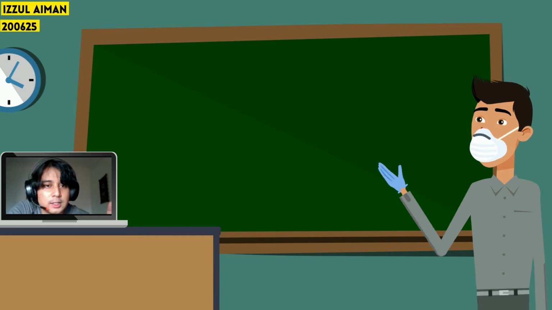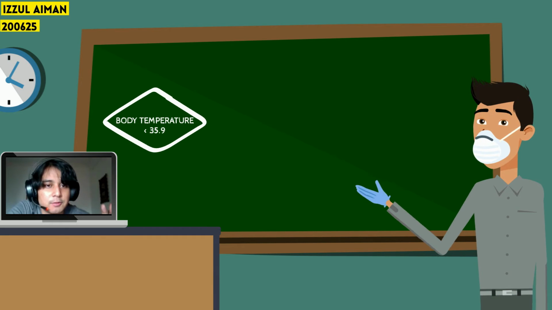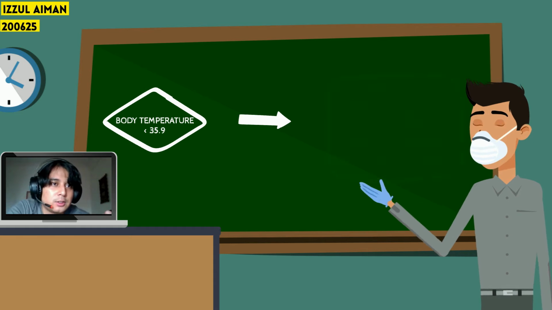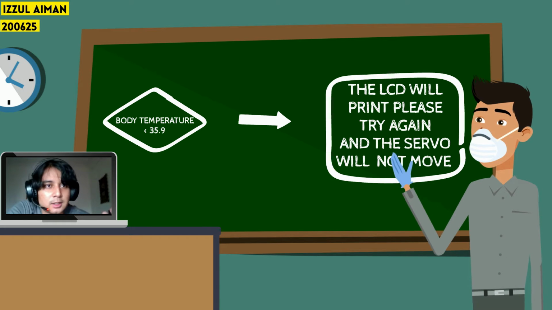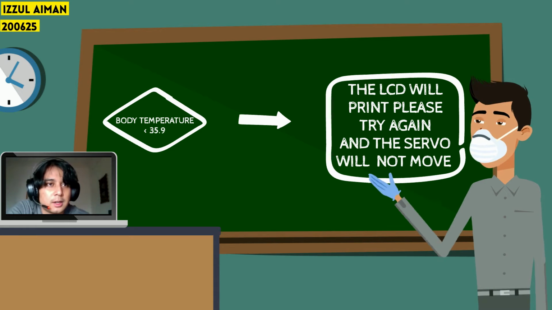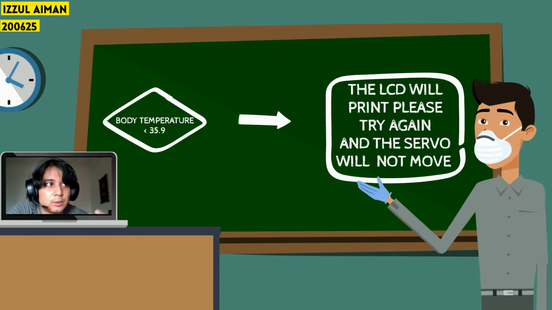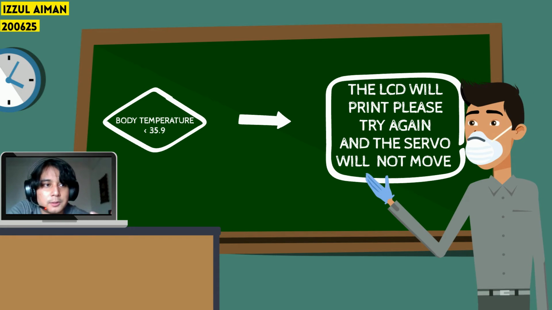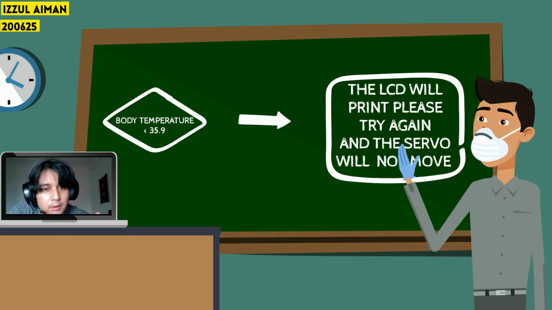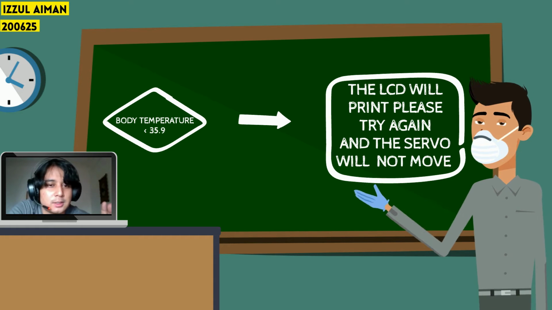And the last one is when the body temperature is 35.9 Celsius or below. The LCD will show scan temperature again, or please try again, in order to make sure it's not a bug or environmental issues or hypothermia, which is more dangerous than COVID.